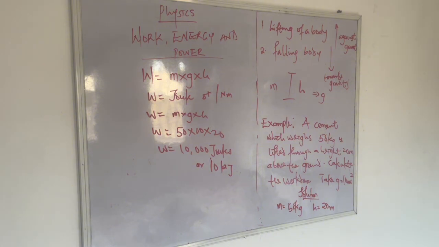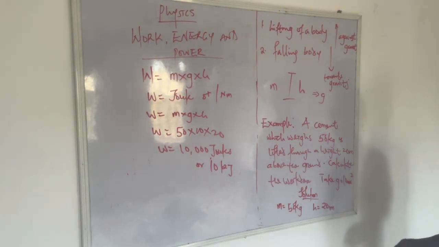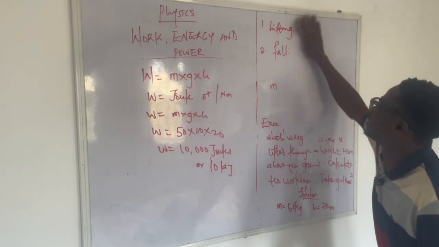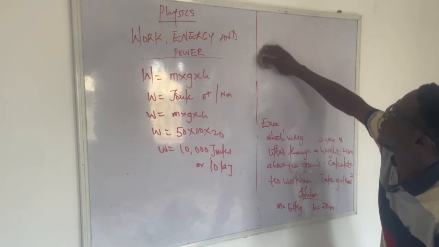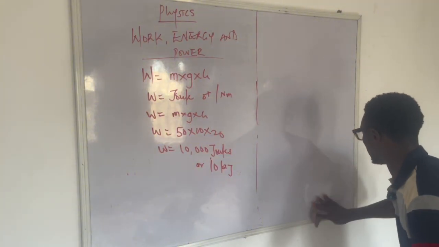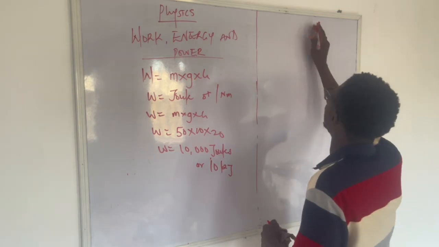Then what next? We move to power, and we move to energy. Energy is the capacity or ability to do work. Now, what are the forms of energy that we have?